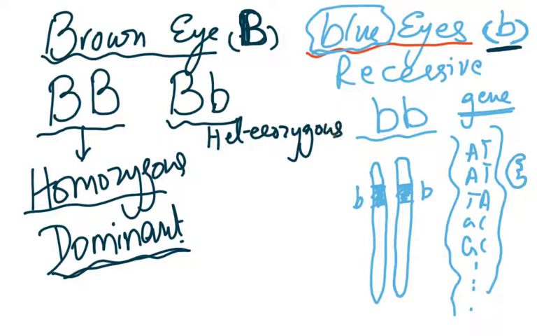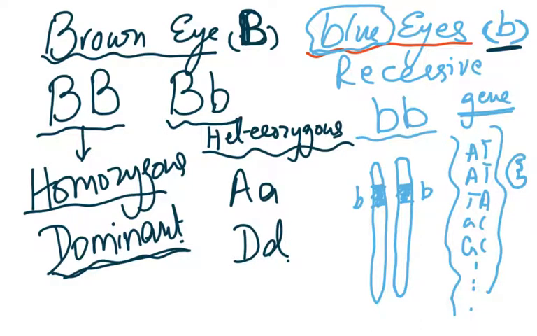There is no such thing, because heterozygous is only heterozygous. It can be a capital A and a small a, or a capital D and a small d. So heterozygous means one dominant allele and one recessive allele. And because the dominant allele shows its effect, the effect of the small b is not even considered. It is just ignored.